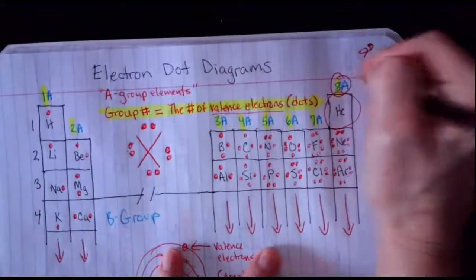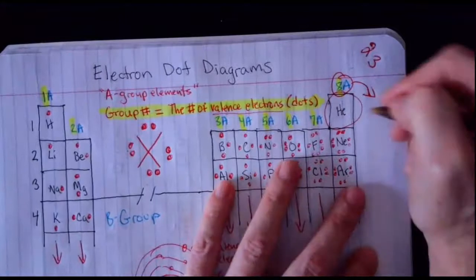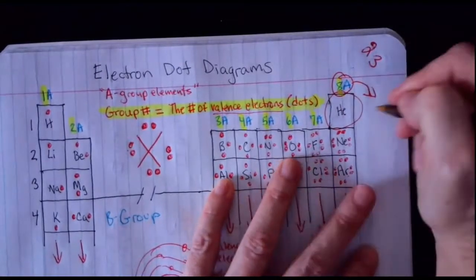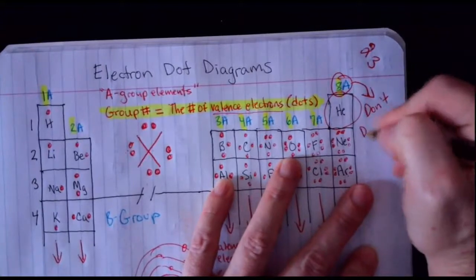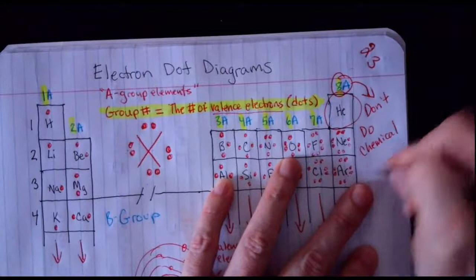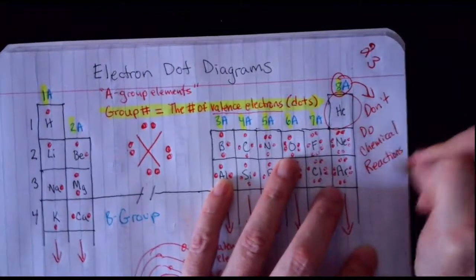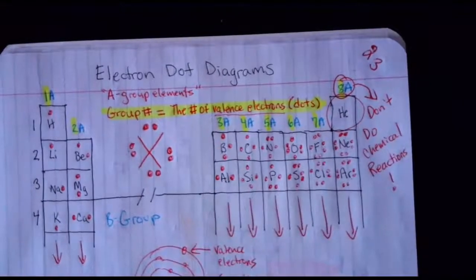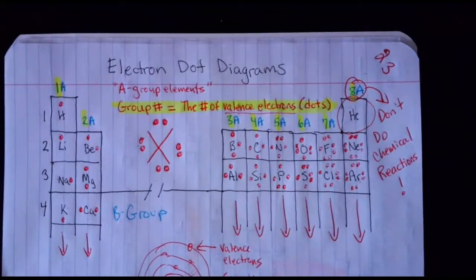So we're going to say in column 8A, these elements here don't do chemical reactions. Okay, there's a special word. It's inert. It means it's not reactive.